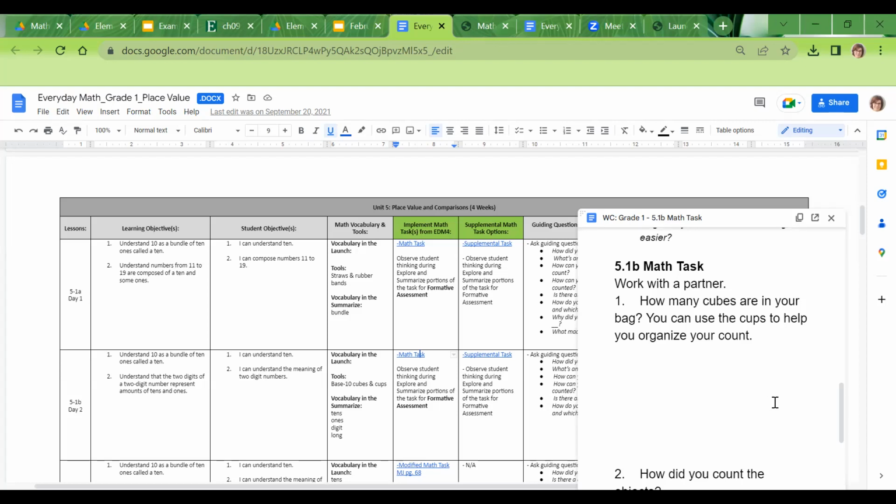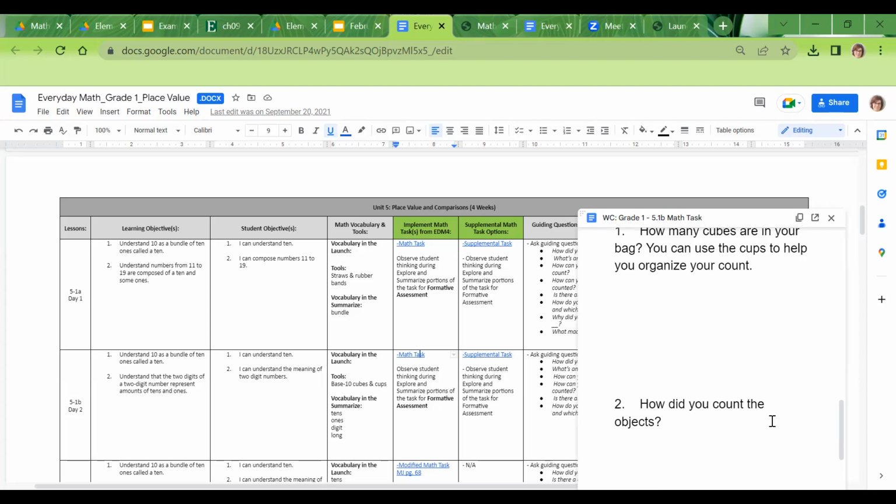Early in first grade, this is really just thinking about helping students understand that there are ways of grouping our counting that actually helps us be more efficient. It's also some really early multiplicative thinking, right? That we don't have to count by ones, we can count by something other than ones. And so we ask them, how did you count the objects?